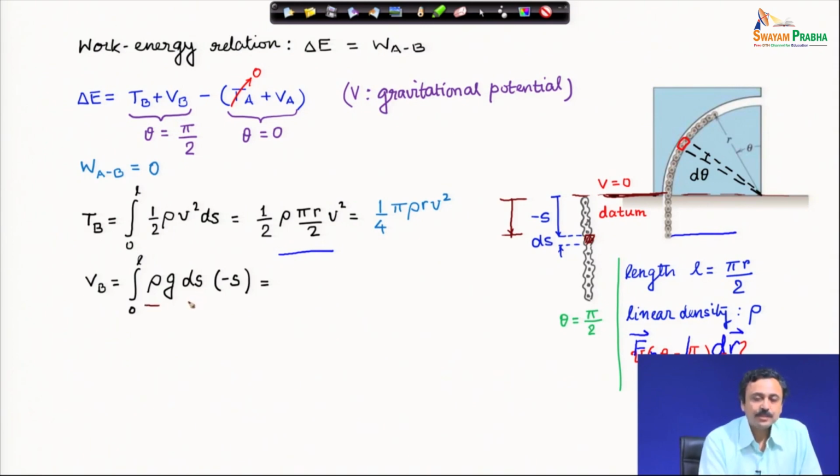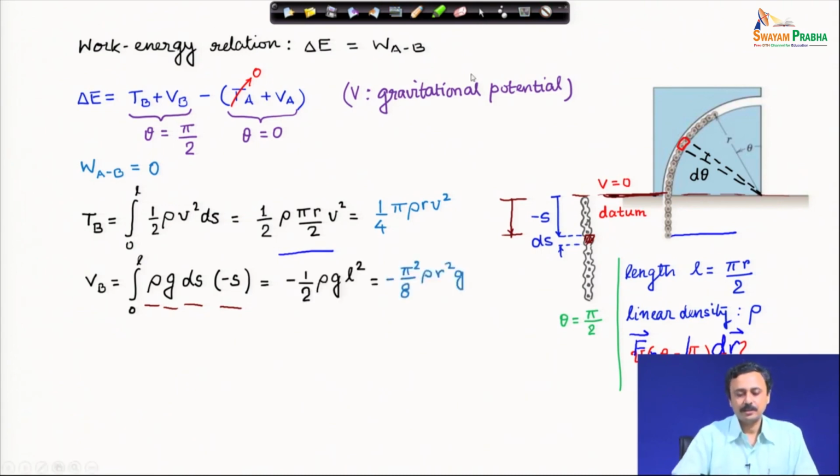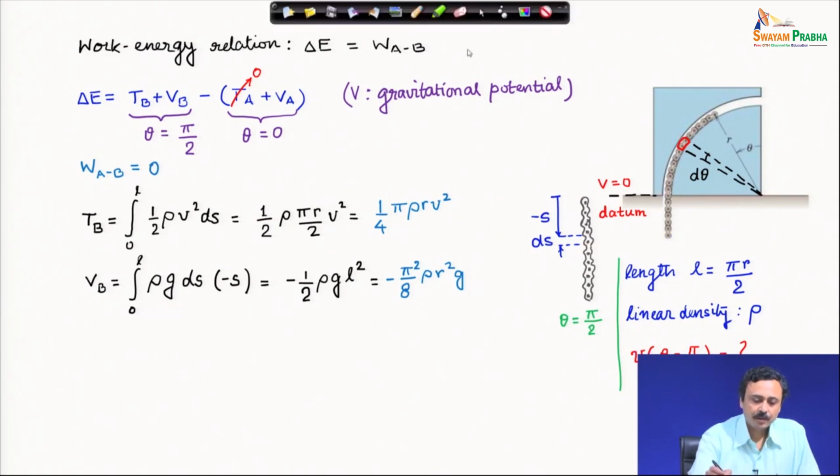So, rho times ds is the mass of the little element, g, and the displacement from the datum, which is minus s. Therefore, the potential energy of this little element is minus rho g s ds, and when you do this integral straightforward, you will get this as the potential energy expression. Okay, we have the kinetic energy and potential energy expressions at B.